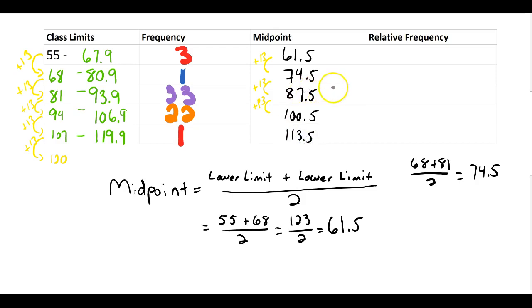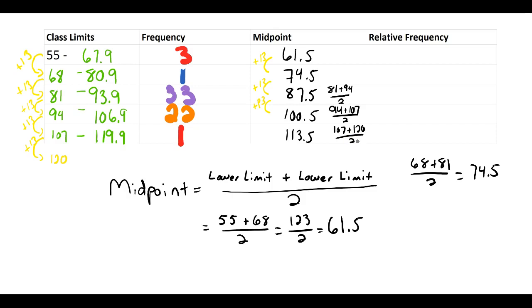Now this 87.5 came from 81 plus 94 divided by 2. This 100.5 came from 94 plus 107 divided by 2. And the 113.5 actually came from 107 plus that extra 120 divided by 2. That gives us our midpoints.